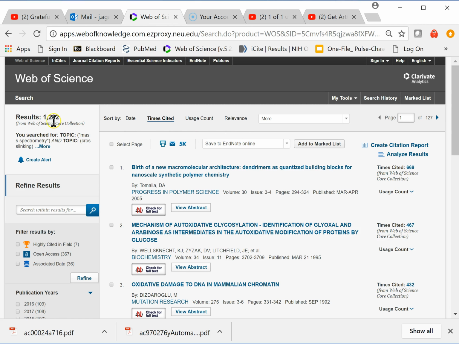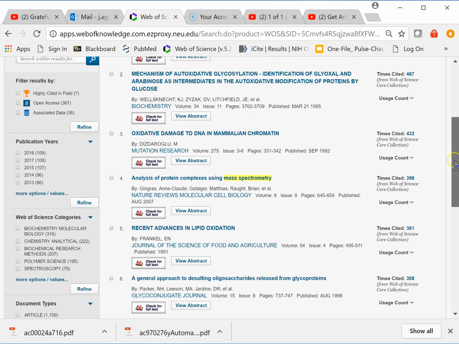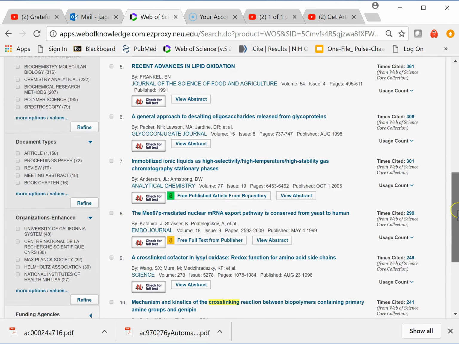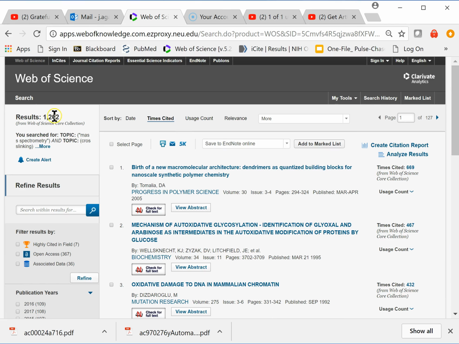Well, that's actually more useful, and if I search by time cited, now I'm looking at all of the most important, or at least the most cited, mass spectrometry cross-linking, and I can learn a lot faster. In 1,200 articles, it's tractable. I've actually gone through every single one of these myself at one point, and it took me about 7 or 8 days at probably 4 hours a day.